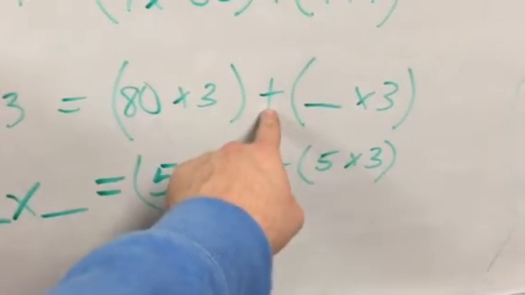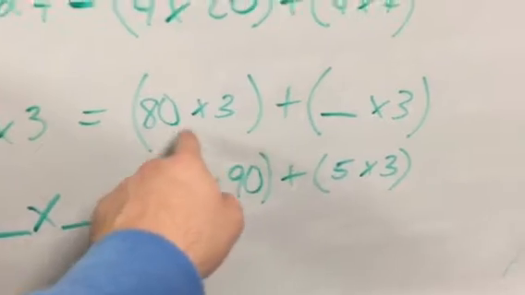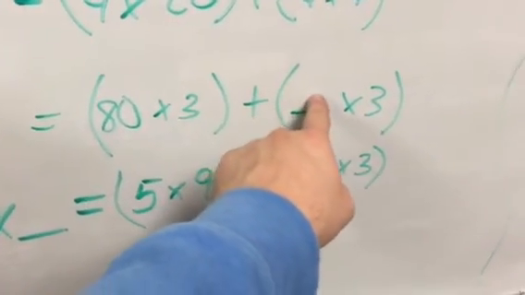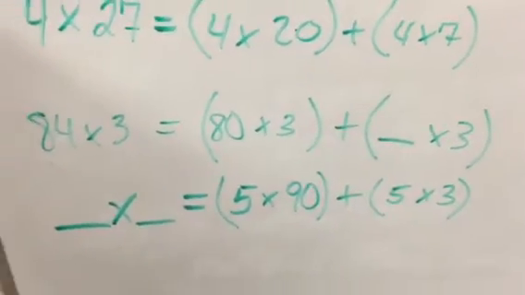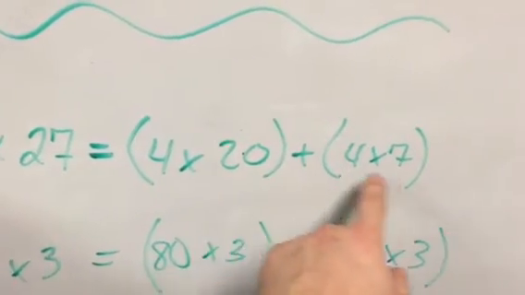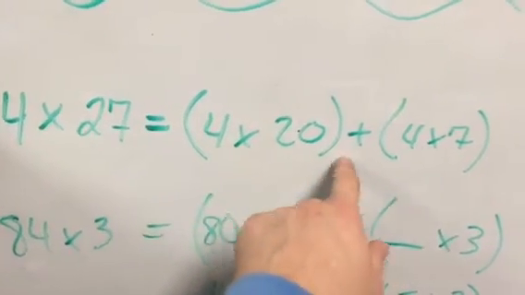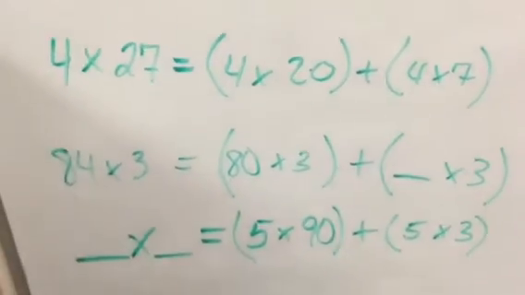So 80 plus 4 equals 84. So this would be 80 times 3 plus 4 times 3. Just to prove that, in this first one I have 4 times 27. So 20 plus 7 equals 27. So I did 4 times 20 plus 4 times 7.